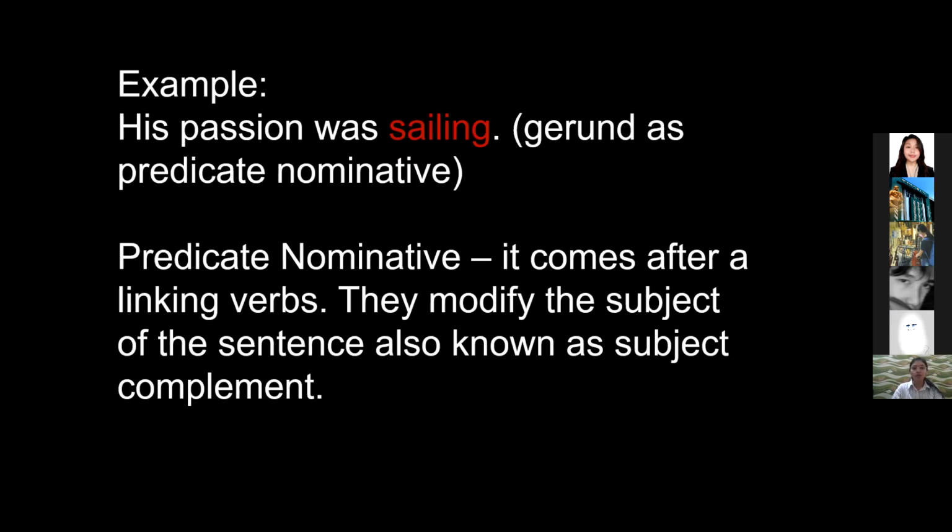So next, his passion was sailing. In this next sentence, what is the gerund? Sailing. So, its function here is predicate nominative. Why is it a predicate nominative? A predicate nominative usually comes after a linking verb. It modifies the subject of the sentence, also known as a subject complement. What is a subject complement? A subject complement is the word that modifies the subject.